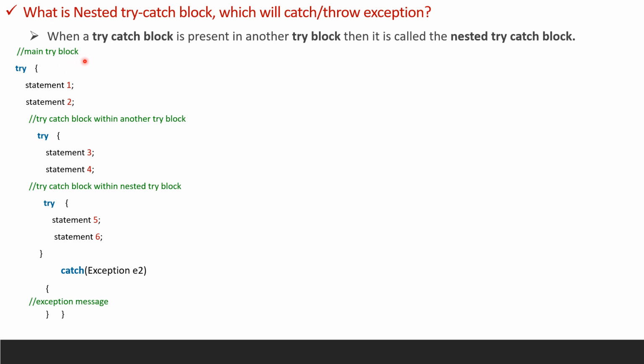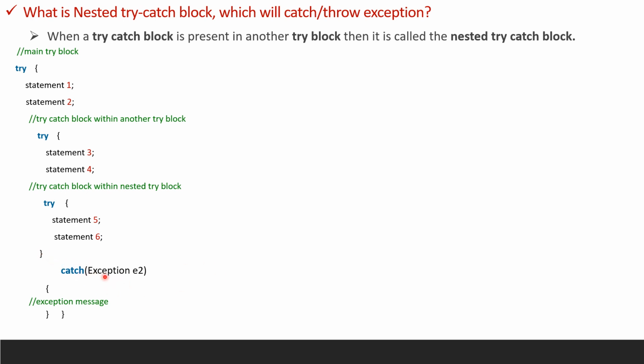The main try block has some statements, then a try-catch block within another try block, then another try-catch block within that nested try block. After these three try blocks, we have the exceptions.